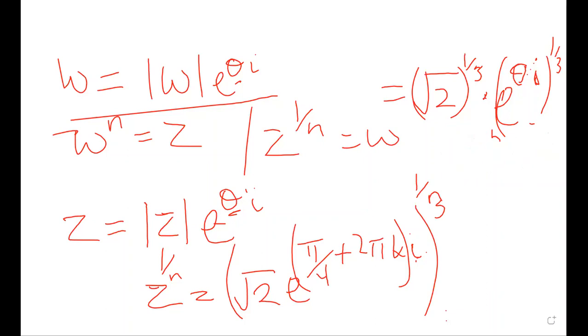So we have root 2 to the power 1 over 3, e to the power theta over 3 times i. Now you can see that was just a simple substitution that we did.